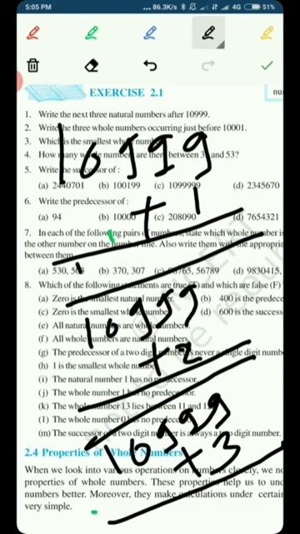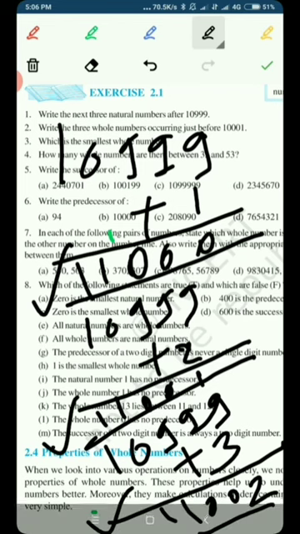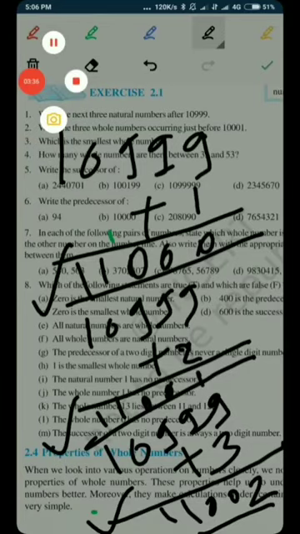When we add 1 here, it becomes 11,000, then 11,001, and then 11,002. So the three natural numbers after 10,999 are 11,000, 11,001, and 11,002. This is the answer to this question.